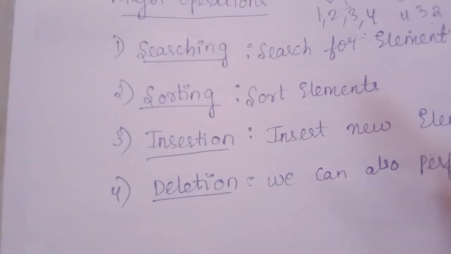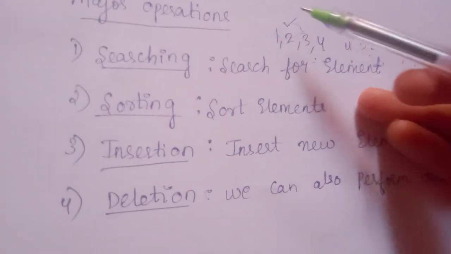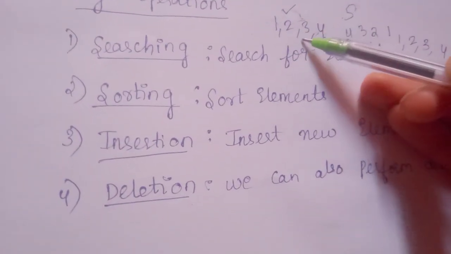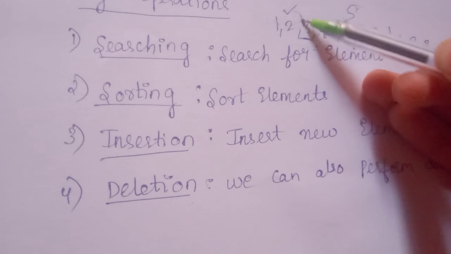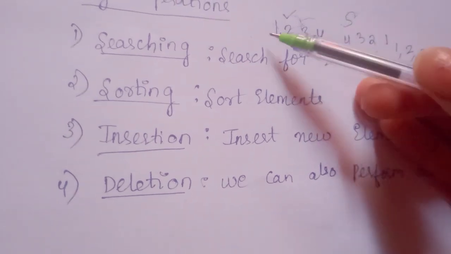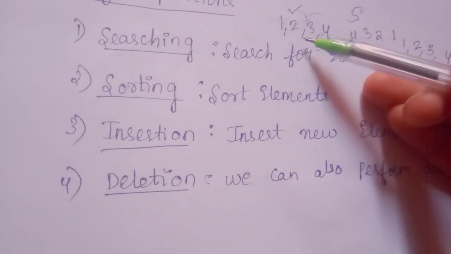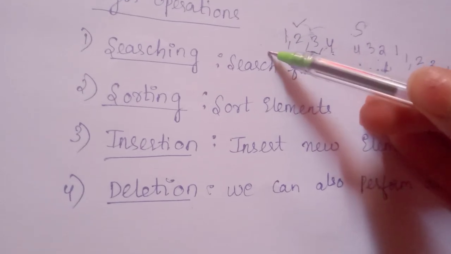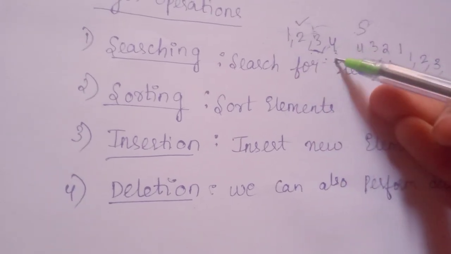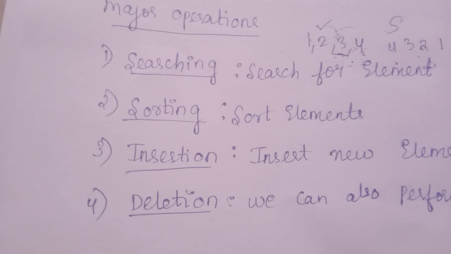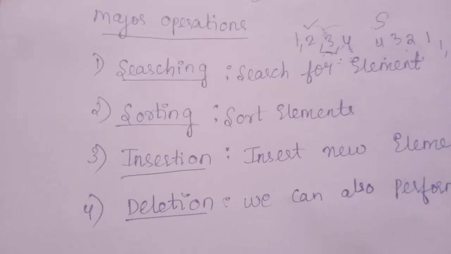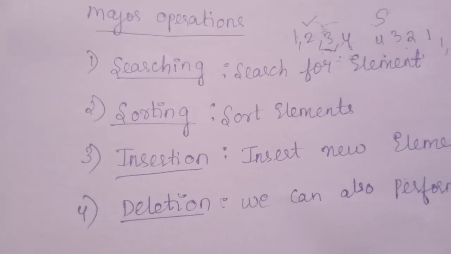Coming to deletion, we remove an element: with 1 2 3 4, if we want to remove the 3, then it becomes 1 2 4. The element can be deleted from the starting or from the end, same as insertion. So these are the main operations which we are going to perform in data structures.